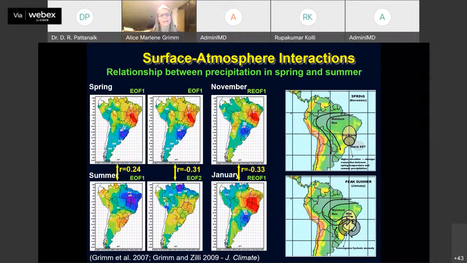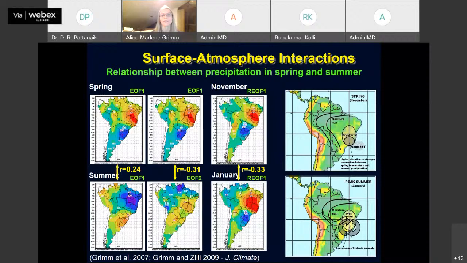Besides teleconnections, another mechanism of variability of rainfall in South America is surface-atmosphere interaction.